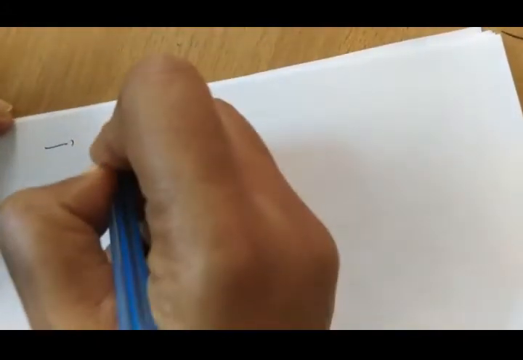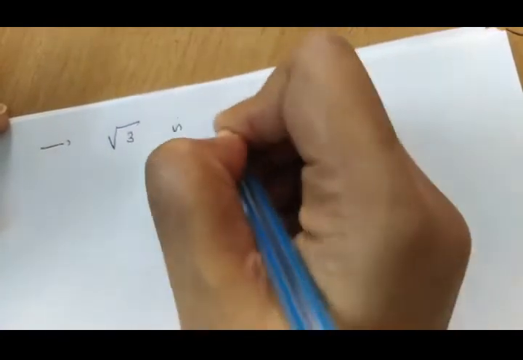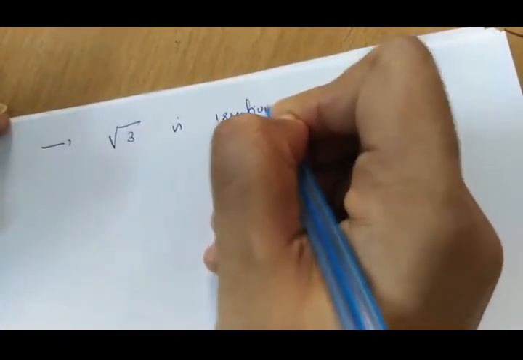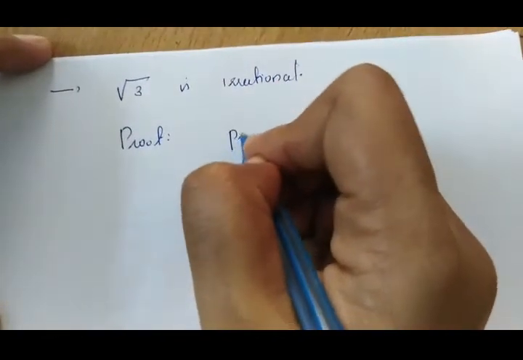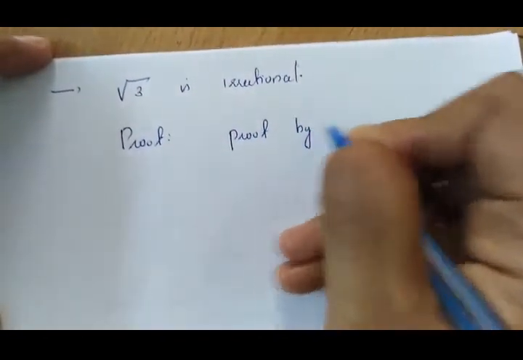Next question is a similar question. Prove that root 3 is irrational. Here also we are using the proof by contradiction method.